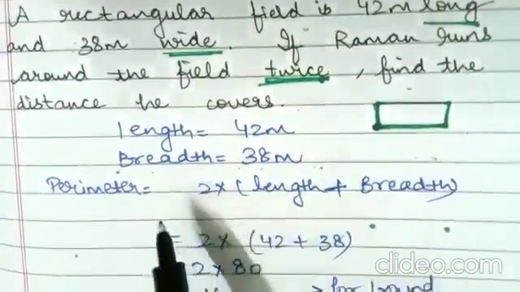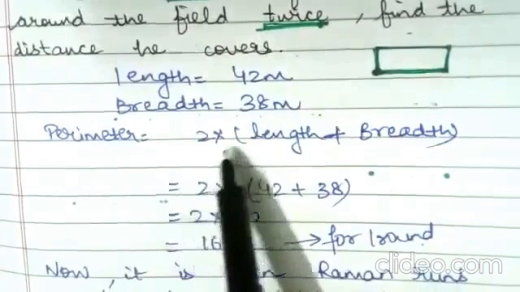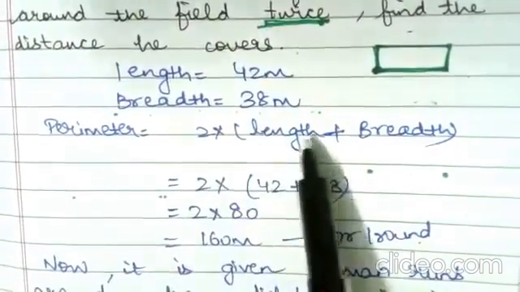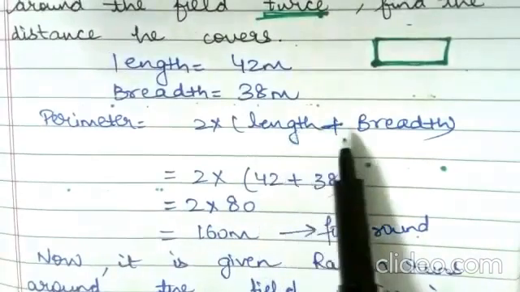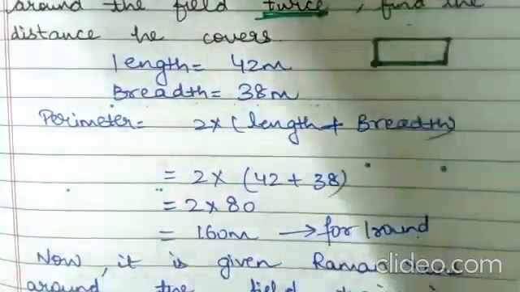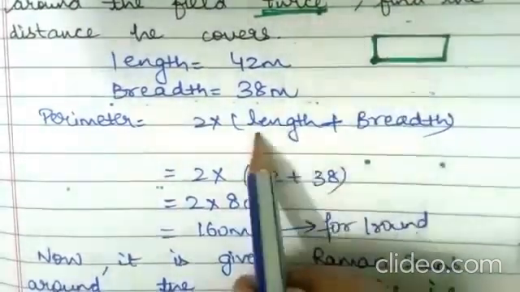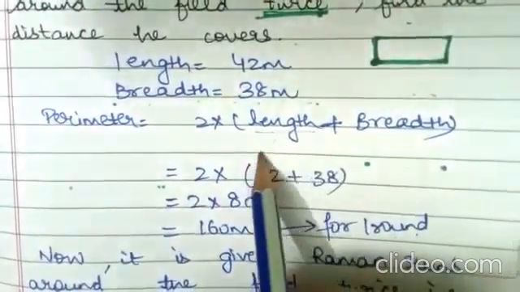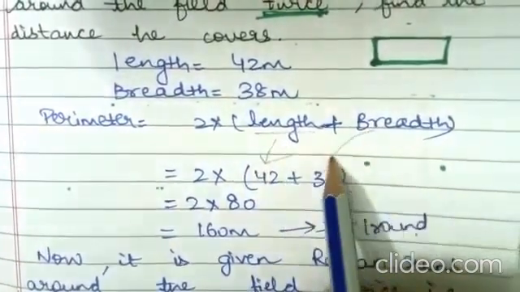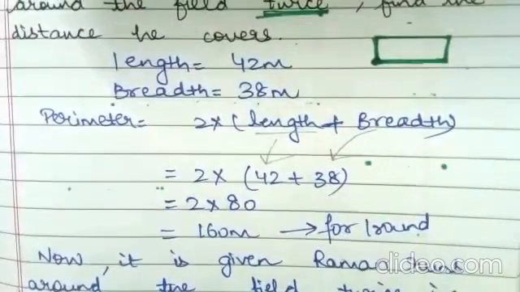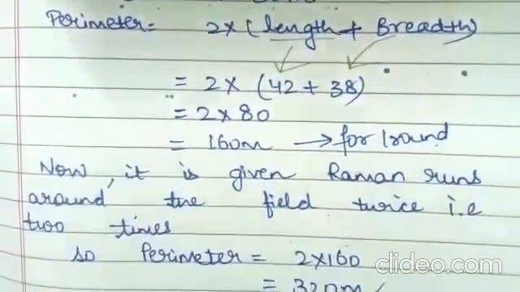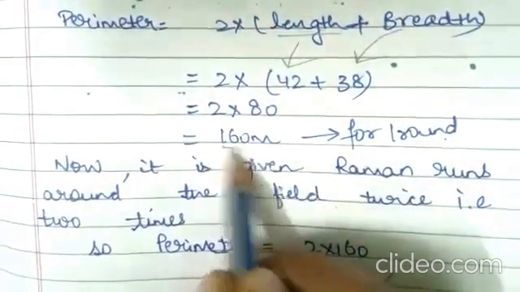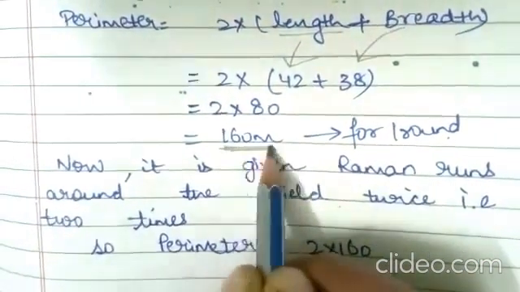So first of all we will find the perimeter. Formula is 2 multiply length plus breadth. Now length is 42 meter, breadth is 38 meter. So on solving, perimeter we got is 160 meter.